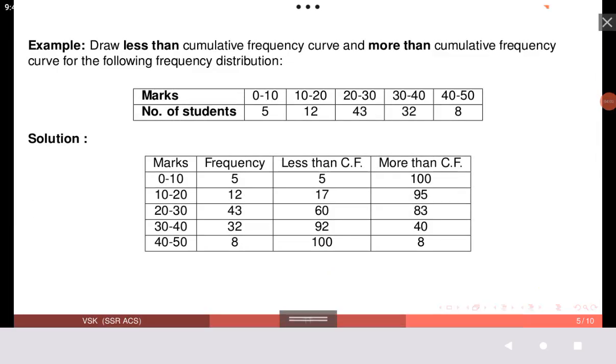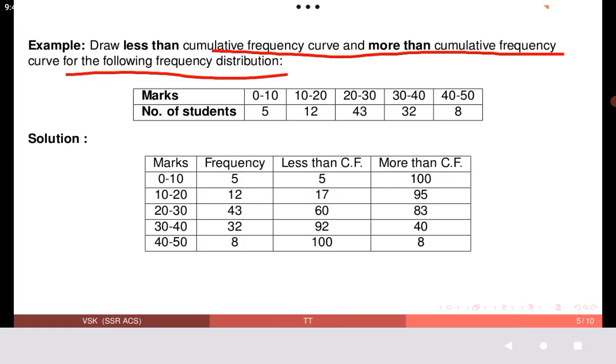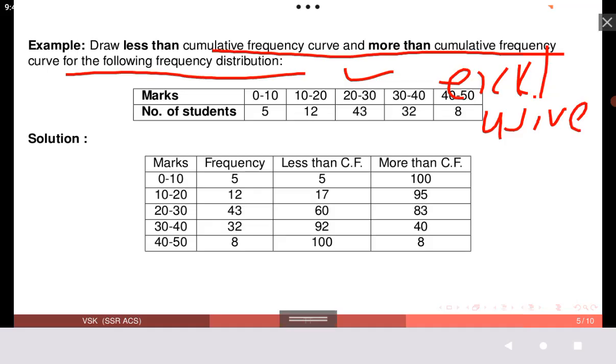Now let us see one more example. Draw less than cumulative frequency curve and more than cumulative frequency curve for the following frequency distribution. Again, you can see the class interval is of exclusive type. Why is it exclusive? Because there is no gap: 0 to 10, 10 to 20, 20 to 30, 30 to 40 and 40 to 50.